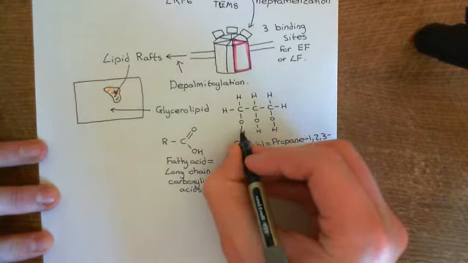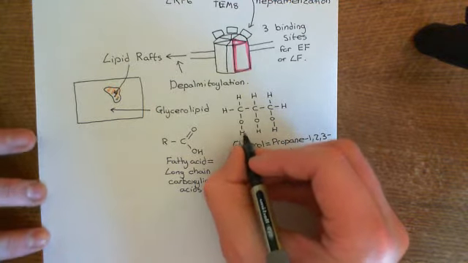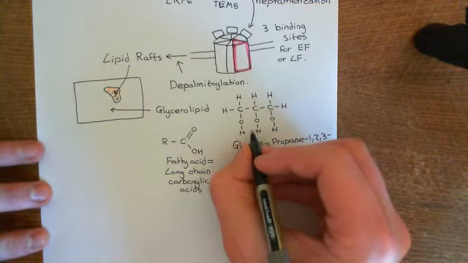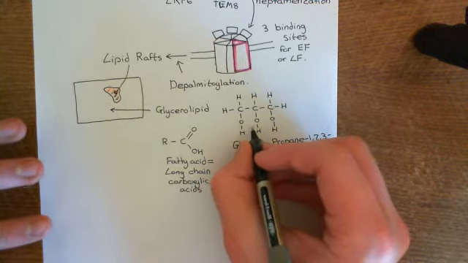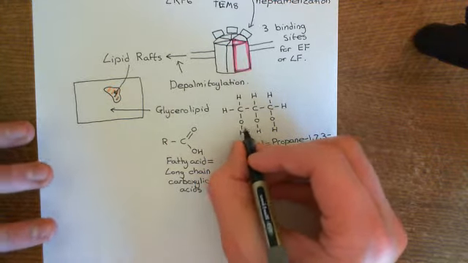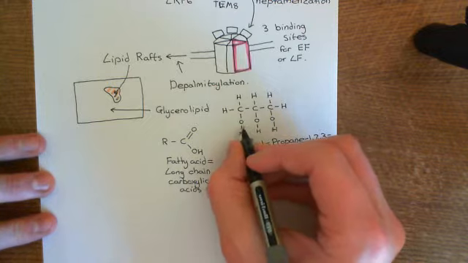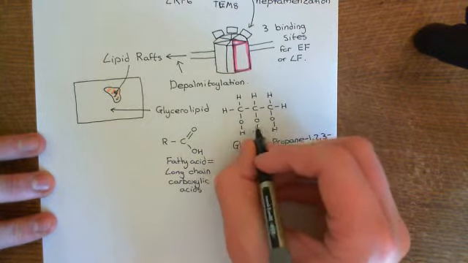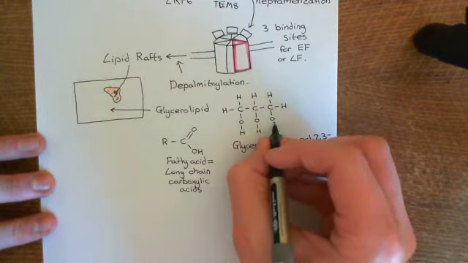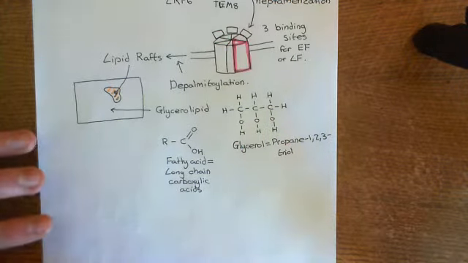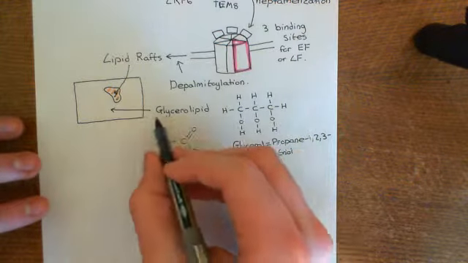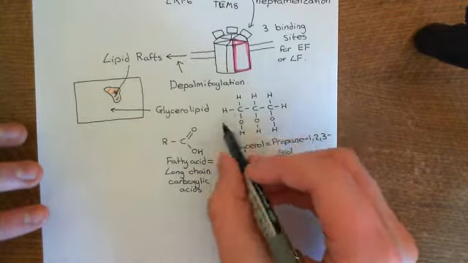If you put 2 carboxylic acids esterified to 2 of the alcohol groups, that creates what's known as a diglyceride. And if you put 3 carboxylic acid groups on, 1 onto each of the alcohol groups, that will create a triglyceride. So glycerolipids are based on glycerol.